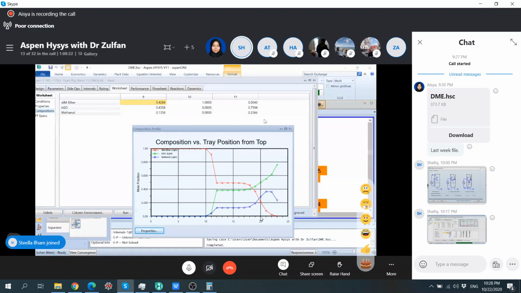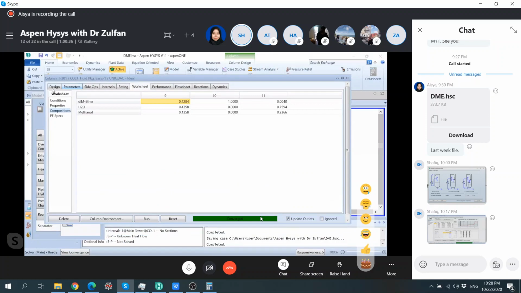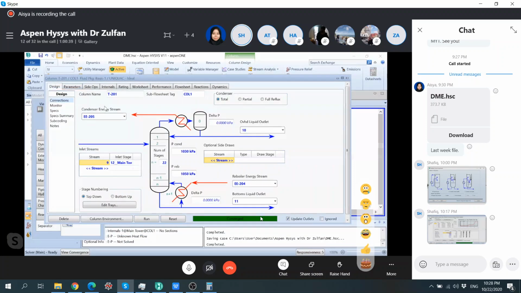You vary the stage number using the case study. So we vary the feed location, and then we check how much the reboiler and the condenser duties are.